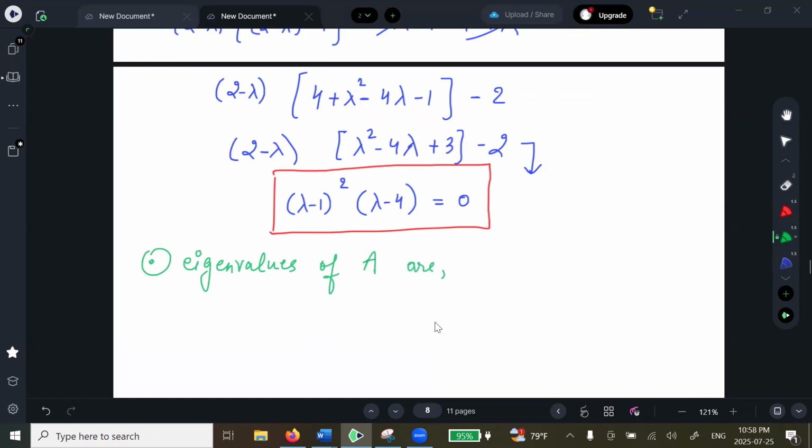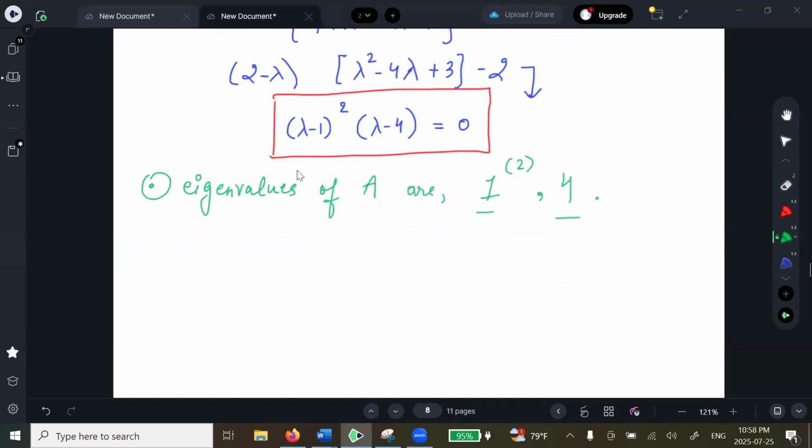Oh, I have a chat. Okay, so everything is too slow. 1 and 4, good job, Jonah. So 1 is with multiplicity 2, and 4 is with multiplicity 1. We leave it, we don't say a 1 on top there. Those are the eigenvalues. Now, why the multiplicities are important, you'll see in a bit when we talk about diagonalization.